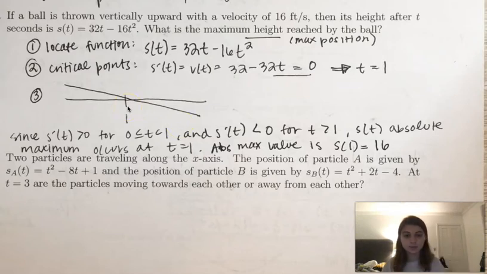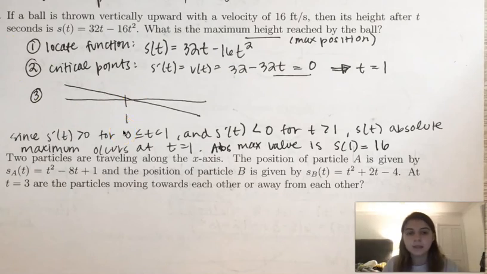It's increasing, decreasing, and that's the only time it changes. Which means we know that 1 has to be the absolute maximum, because it's only increasing until suddenly it's only decreasing. That's going to be your absolute maximum right there. So we know it occurs at t equals 1.